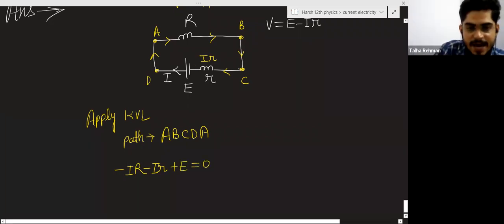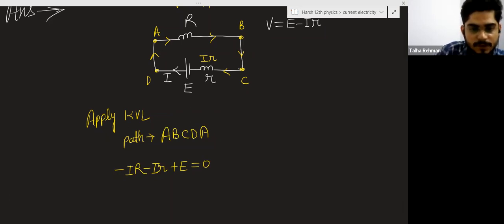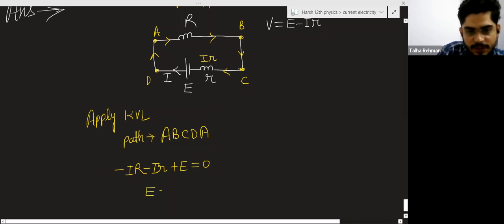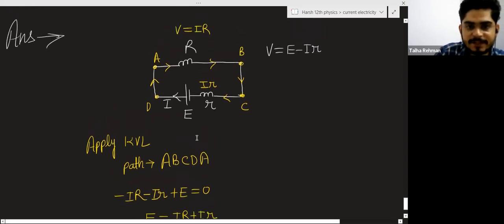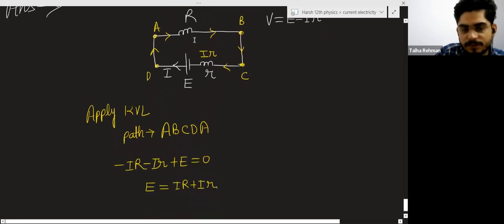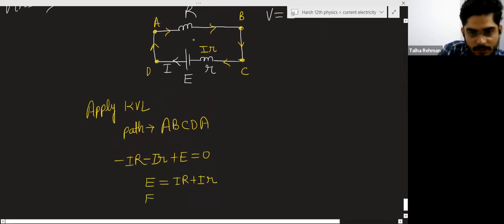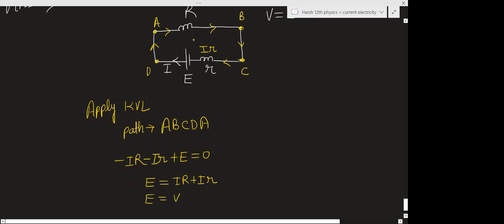Now take minus common, or you can write E is equal to IR plus I into small r. This IR is equal to V, and this is small r.